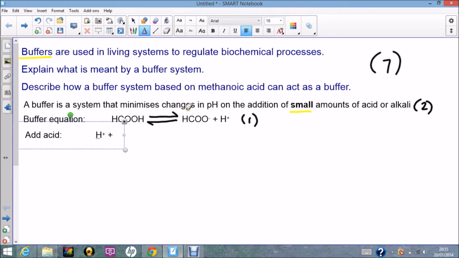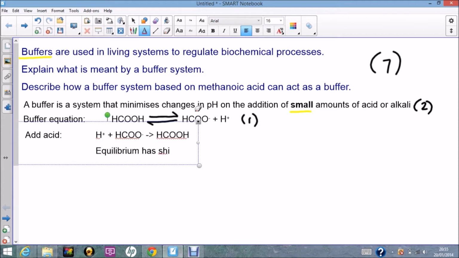So therefore the H plus will need to react with the methanoate ion, forming methanoic acid, which means that equilibrium has shifted to the left.